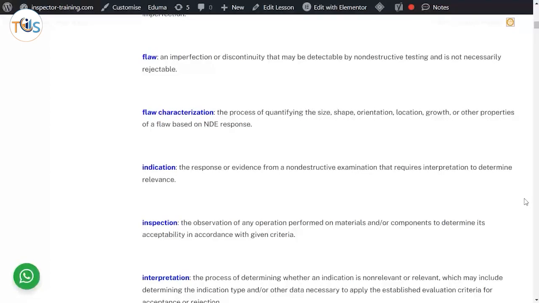And indication is the response or evidence from a non-destructive examination that you need to interpret. That means find out what it is, in order to determine whether it's relevant or not.